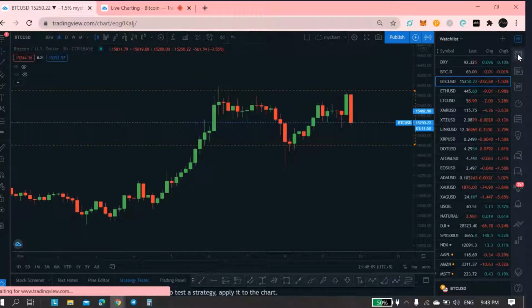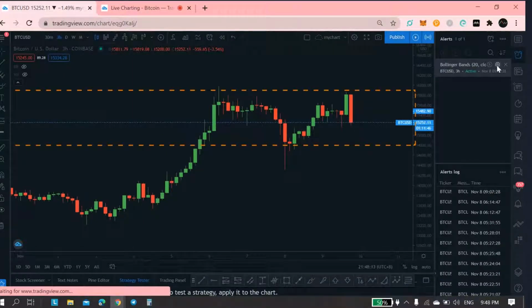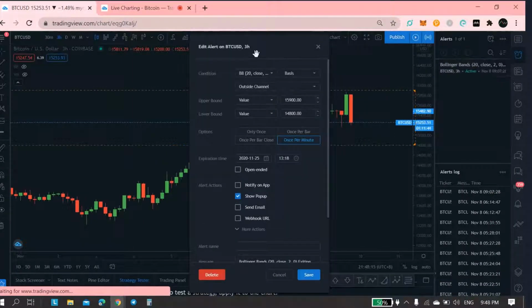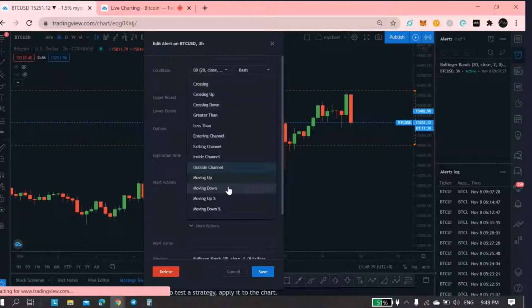Currently, I'm using the Bollinger Band. So I'll just click it because I already created one. Then choose the basis, or you can also choose the upper or the lower, but I choose the basis. And then just choose whichever one is applicable.